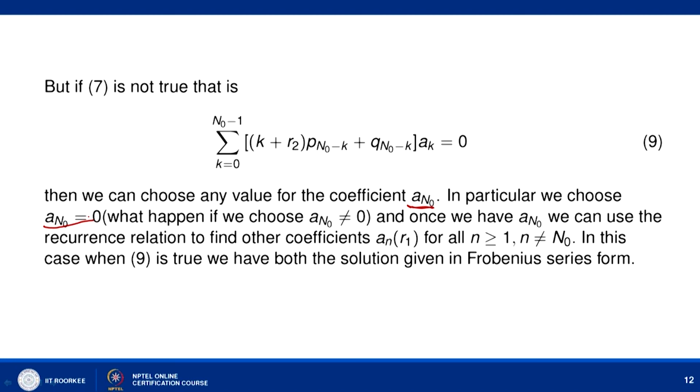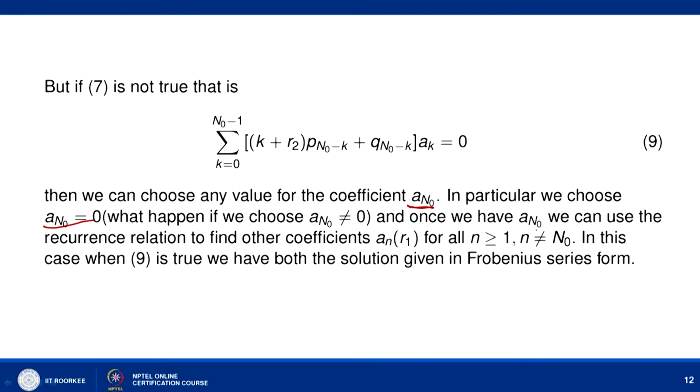If we take a non-zero value, then we will get a part of y1 t. It means that when we take a n naught as non-zero, then when you calculate all the coefficients and write the general solution, you will see that y2 will contain a part of y1 t. To avoid this, we generally assume that a n naught is equal to 0.